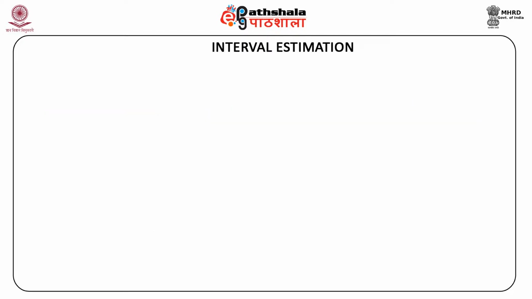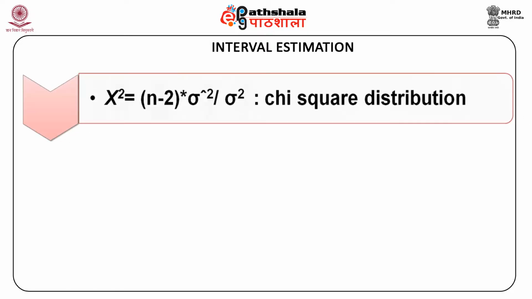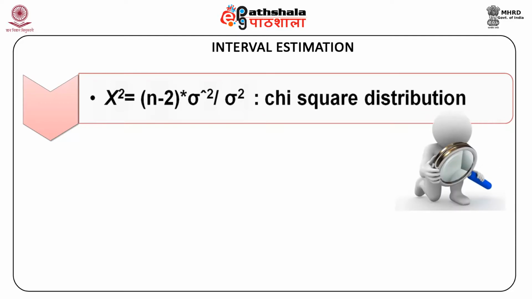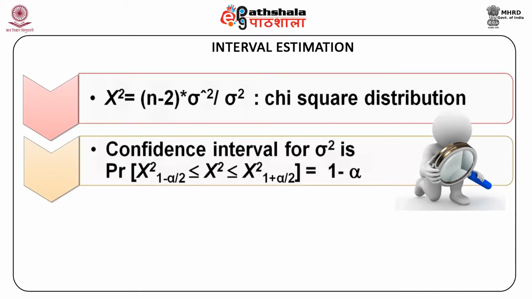Now let us look at the confidence interval for sigma squared. The statistic chi-square is equal to (n minus 2) multiplied by sigma hat squared divided by sigma squared, and follows the chi-square distribution with n minus 2 degrees of freedom. The confidence interval for sigma squared is Pr[chi-square 1 minus alpha divided by 2 is less than chi-square, which is less than chi-square alpha divided by 2], the whole thing equal to 1 minus alpha.